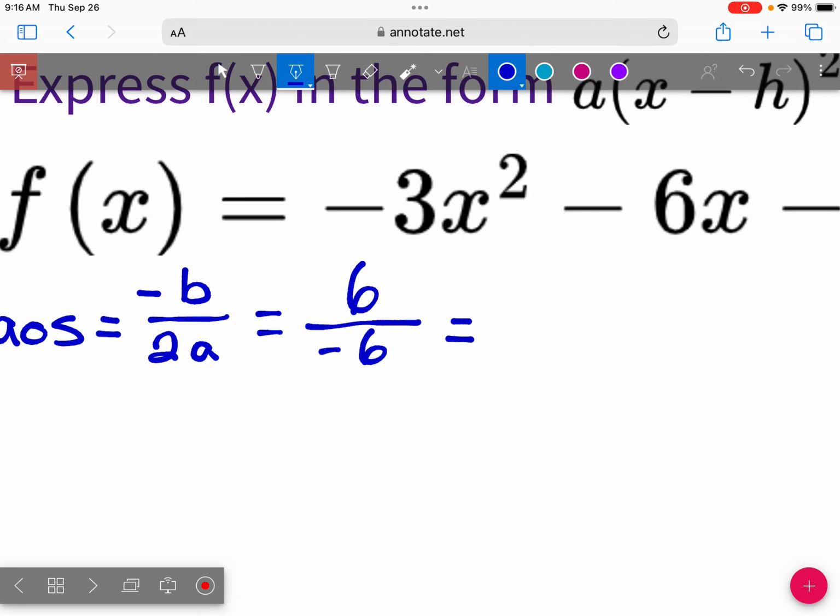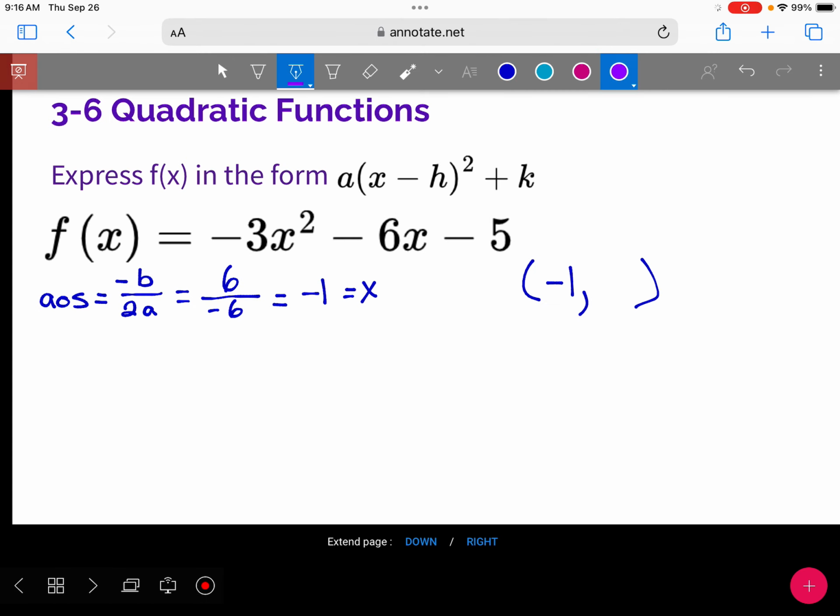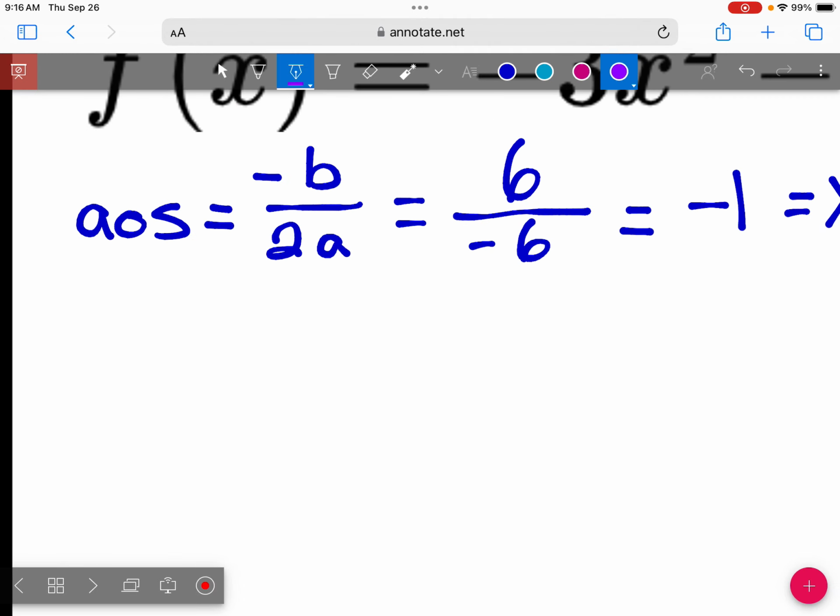So what is my axis of symmetry? Negative 1. That is the x value of my vertex. So if I'm trying to write my vertex as a point, I've got a negative 1 here, but I don't know my y yet. So to find my y, we're going to take our function and we're going to substitute in our negative 1.